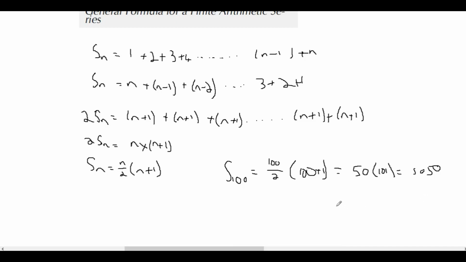So if we took the series where the common difference in an arithmetic sequence is 1, from 1 to 100, and we added all of them together, we would get 5050.